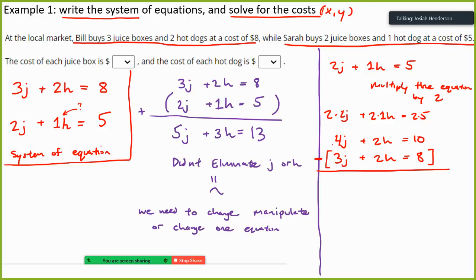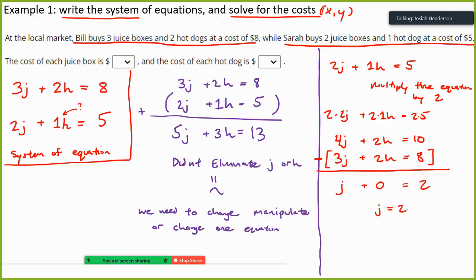So let's do that now. 4j's take away 3j's gives us a single 1j left over. 2h minus 2h is 0. We've canceled them basically. And 10 minus 8 is 2. Now, you don't have to show that plus 0, but I wanted to keep it in so you could see what each result is. So what do we have when we simplify this?